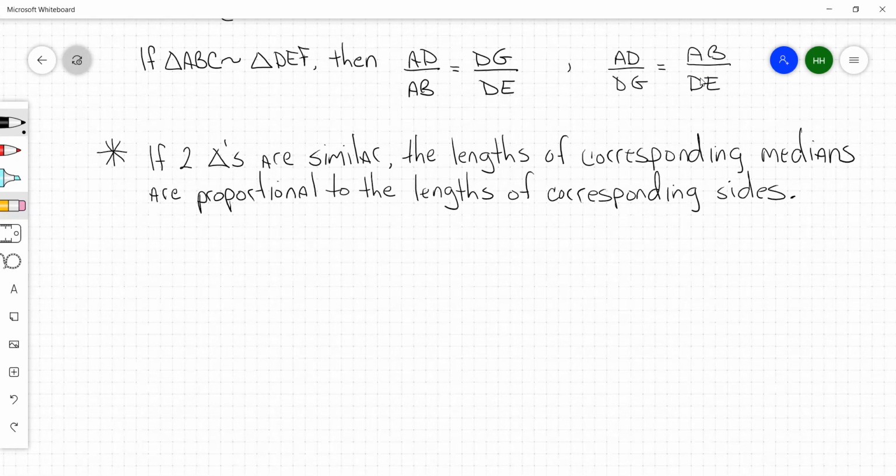All right, so now we're talking about medians. We've talked about altitudes, angle bisectors, and now we're talking about medians.